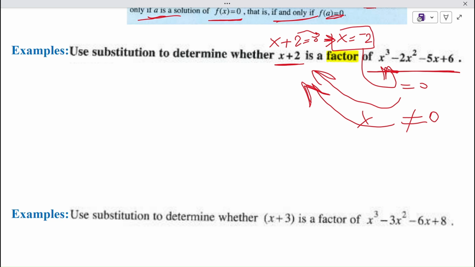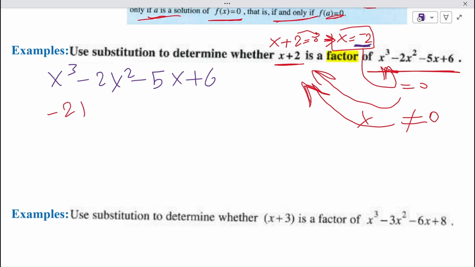So let's check it. We are writing down the polynomial again, x to power 3 minus 2x to power 2 minus 5x plus 6. Okay, now let's put this minus 2, substituted instead of every x. Let's write it.